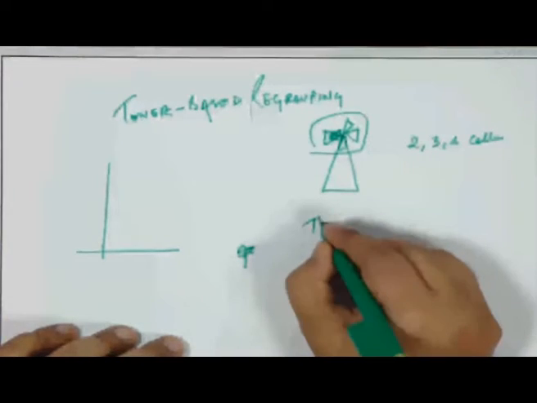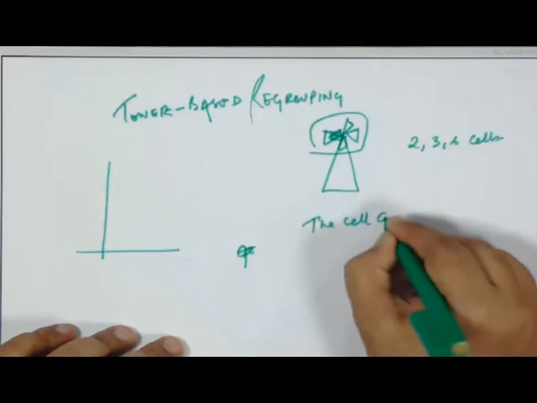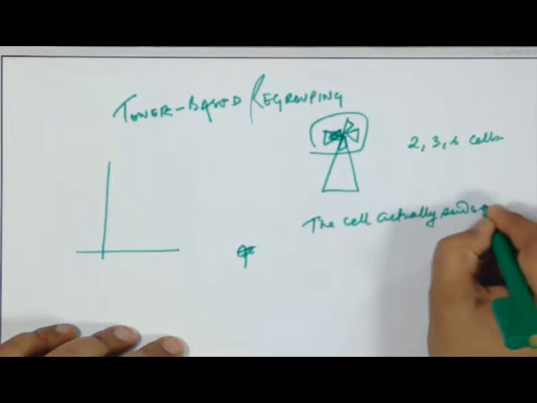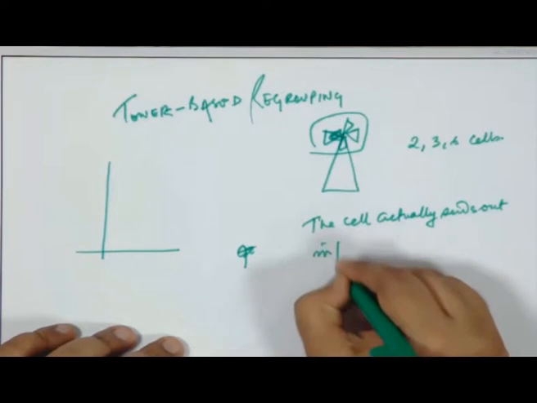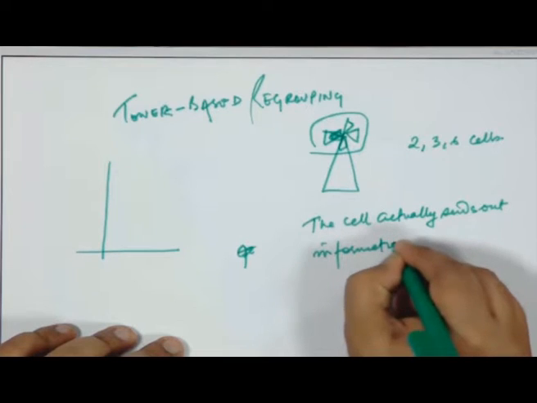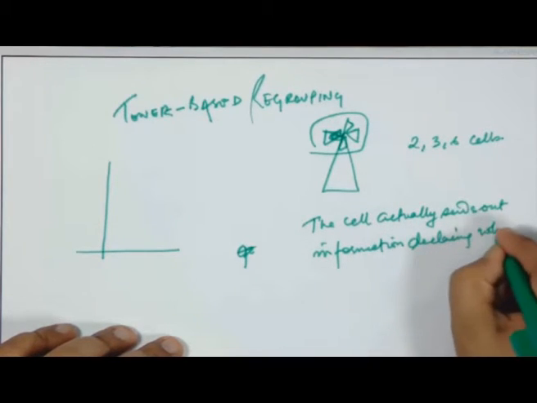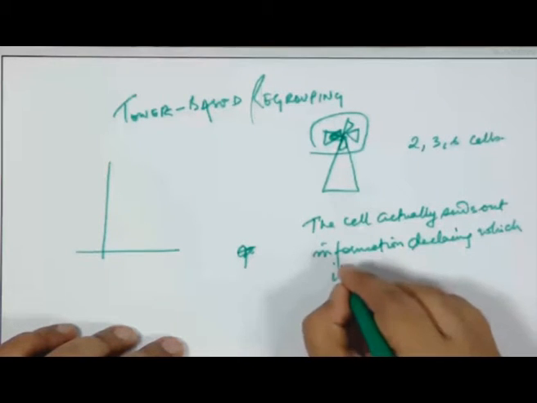The cell sends out information declaring which tower it belongs to.